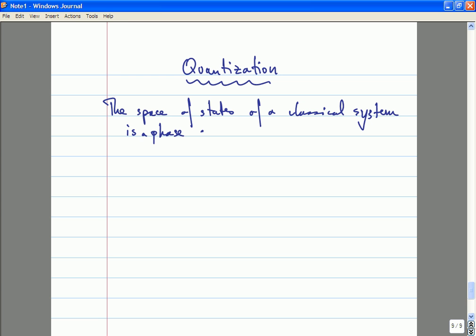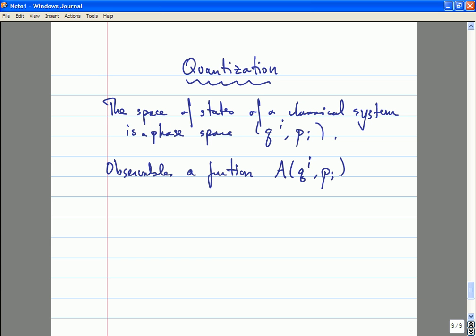So the set of positions and conjugate momenta. And observables are just functions of points in phase space. So an observable is just a function of the positions and conjugate momenta.